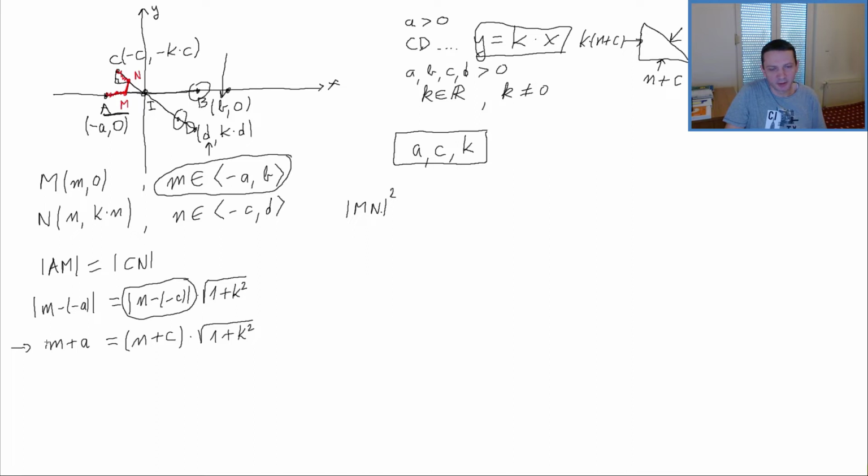So we can take without loss of generality MN squared here, and MN squared is actually also by Pythagorean theorem.